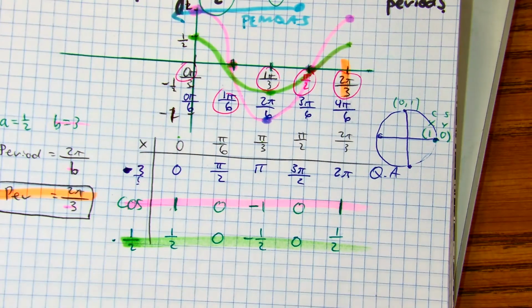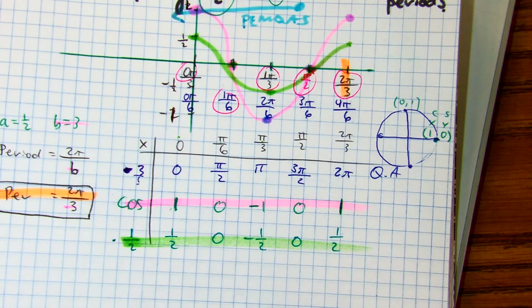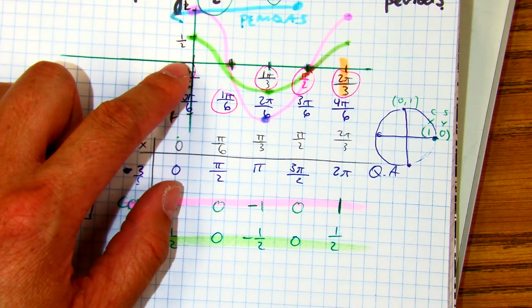Oh, let me point out one more thing. Put your finger on the amplitude. The amplitude is what class? Let me see if I can find one more color. Class, which color are you going to put on your answer? The green. Where's the purple marker? Purple.